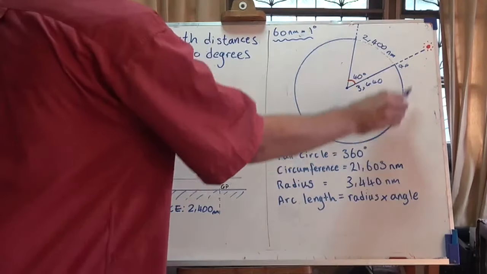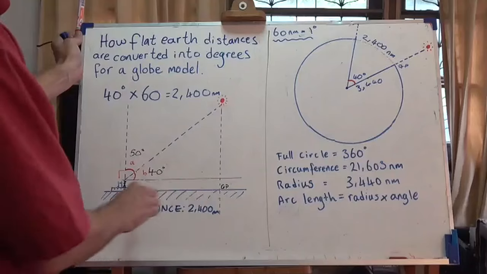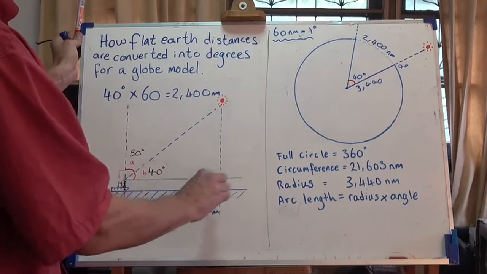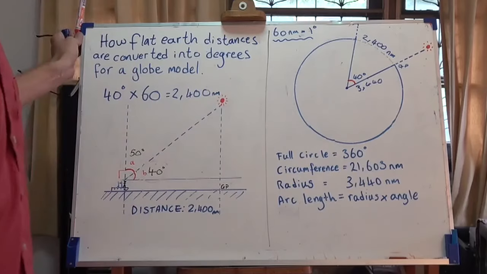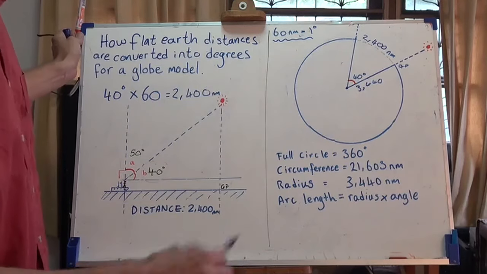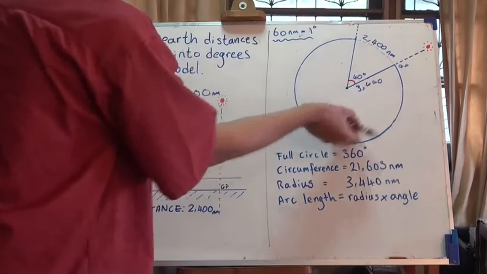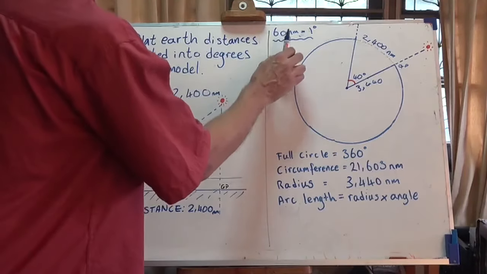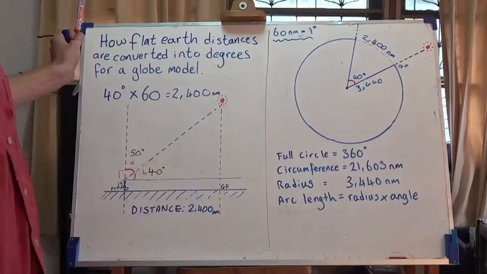So that's what gives us a great circle. It's really just a level distance of 21,603 nautical miles, converted into degrees, 360 degrees, using 60 nautical miles for every 1 degree.